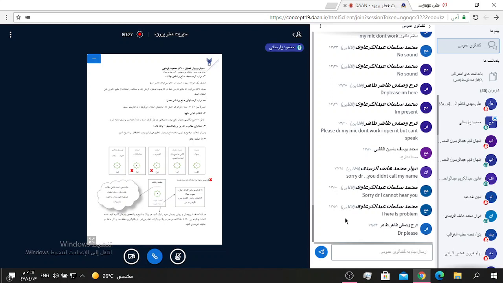And about the formula, you must write the number of the reference that you take this formula from.